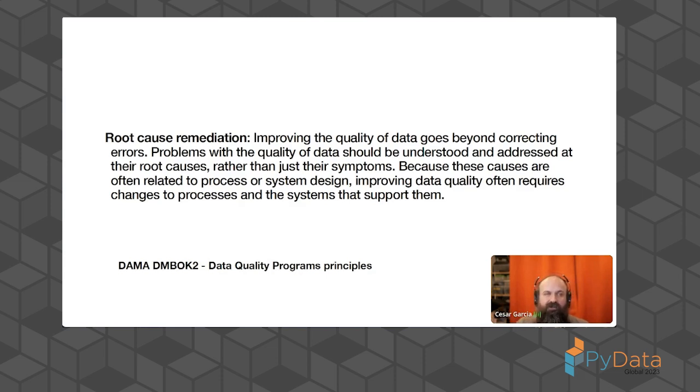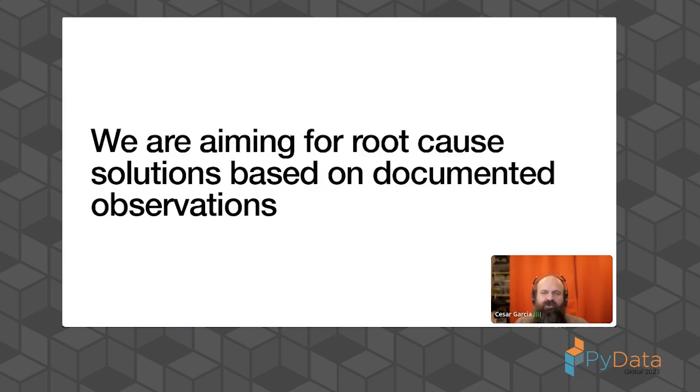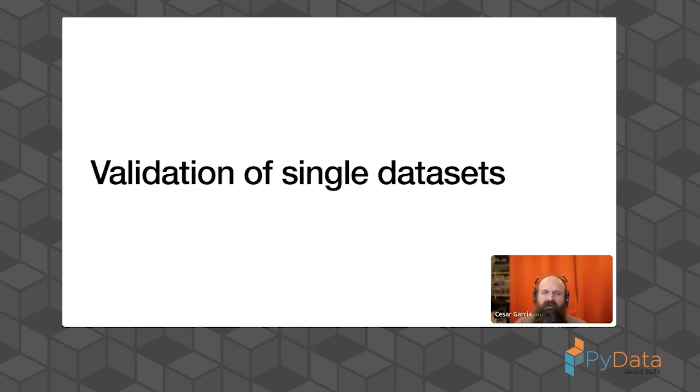Our goal as users of open data should be to have the file fixed on the serving end, to have your city councils, your countries, your regions publish data in the correct form, not just fix what you got as a download. So let's go with the hands-on part of the session. We are going to figure out how to validate single datasets. What do we mean by a single dataset?